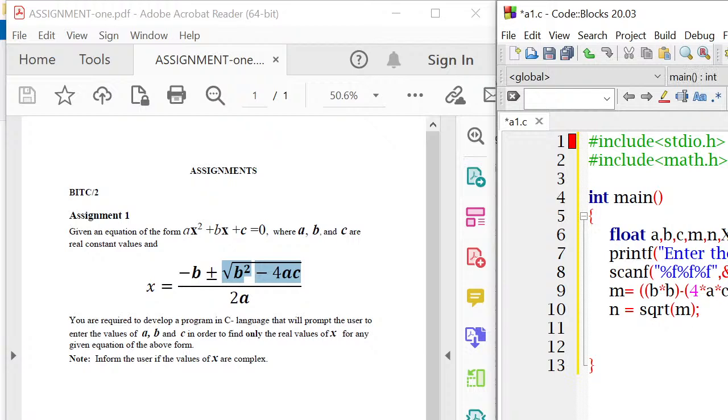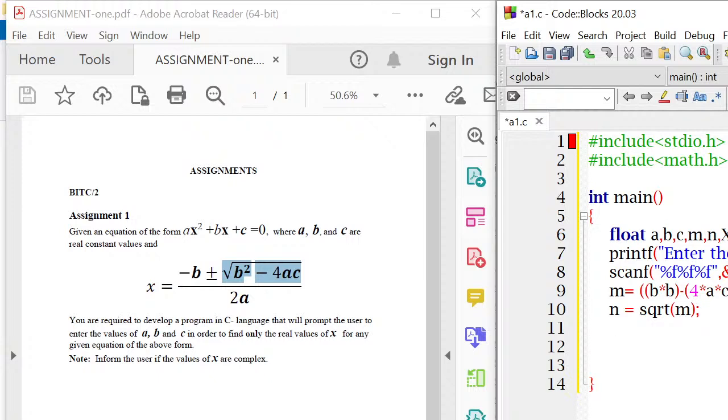Then now we come down. We display the output to the user, so the answers to the user. The first thing we need to test is whether the equation is going to give a complex number or not.